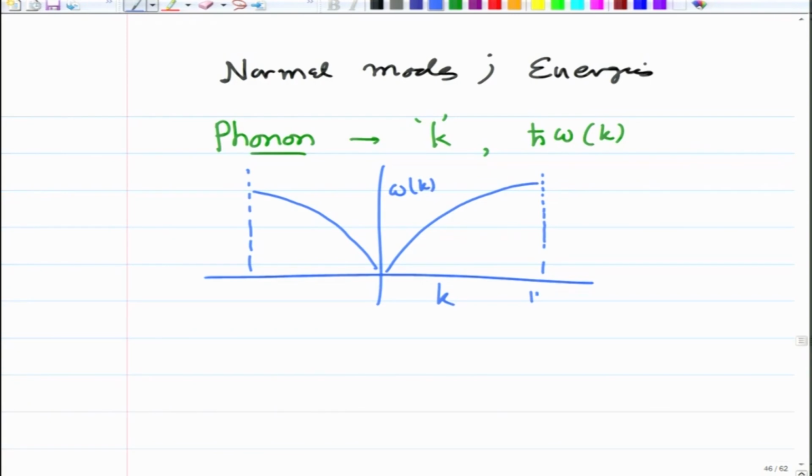k goes up to π/a here, minus π/a here, which now I can call the phonon dispersion relation. The question is, how do we determine it?